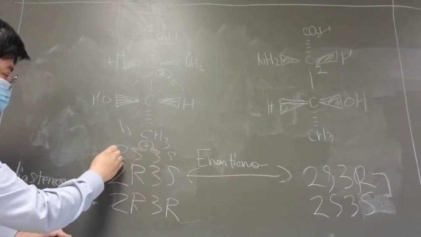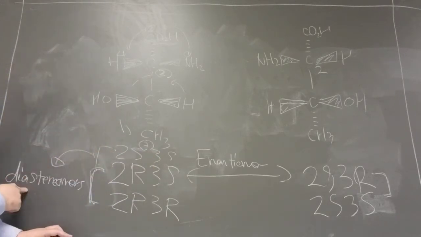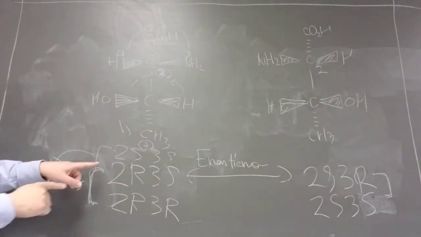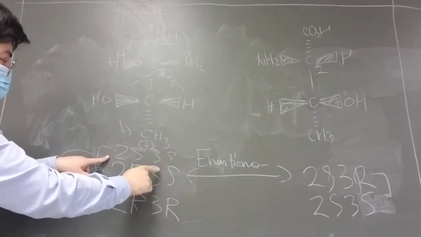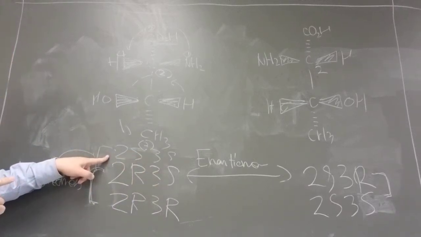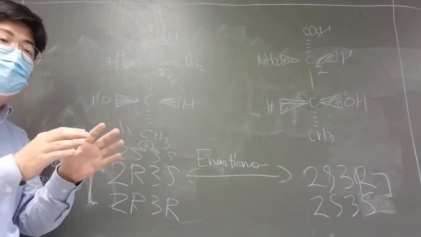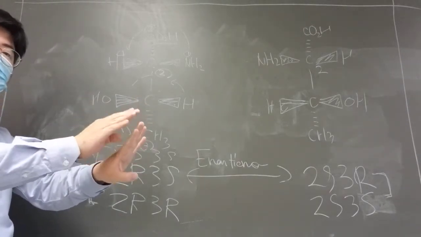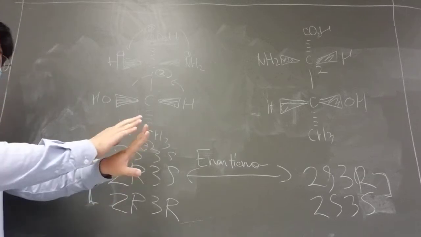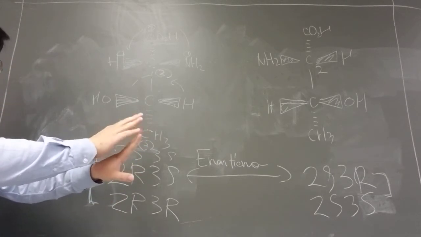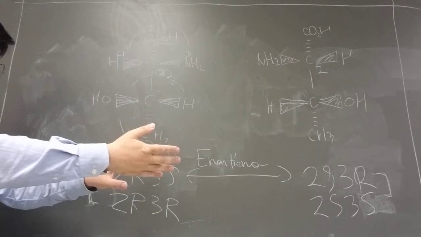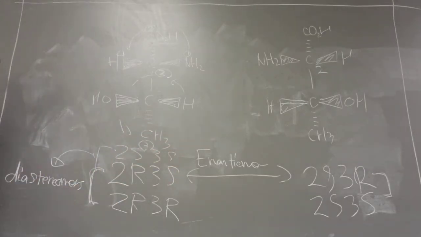So maybe you can keep saying here, maybe this will be 2S, 3S, also 2S, 3S. This will still be 2, also diastereomers. They're the same in only one chirality center, but opposite in the other. So it doesn't matter. If you have a compound that has maybe 3 or 4 chirality centers, but one or a few chirality centers show the opposite configurations, you can call that diastereomers.